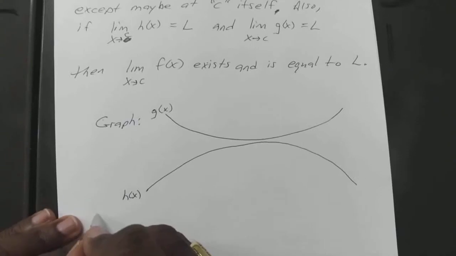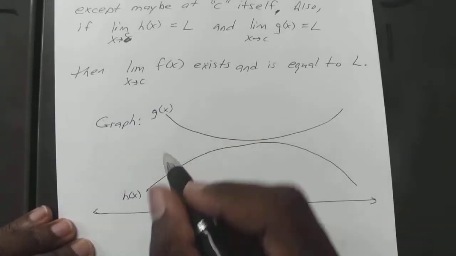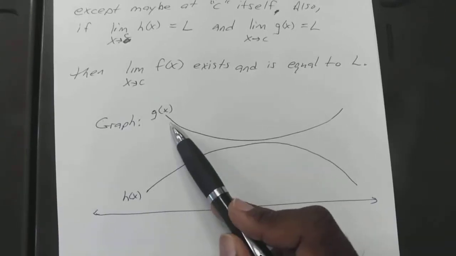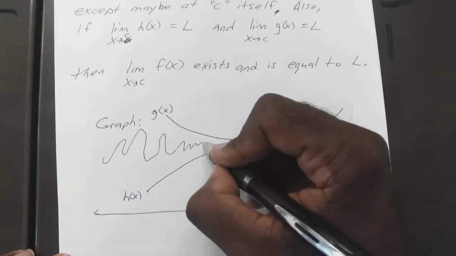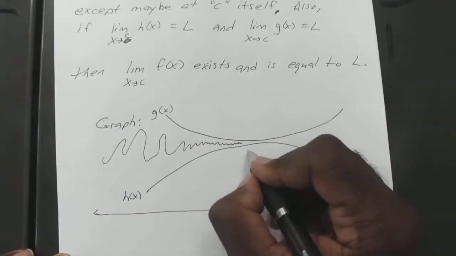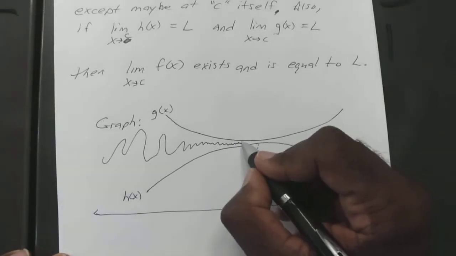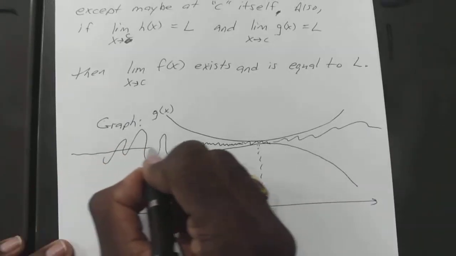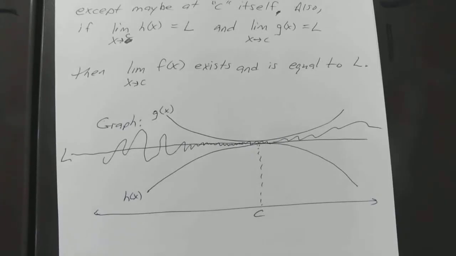Okay, so we know for every x value, f of x is going to be both above h of x and below g of x. So it can be anything it wants here, but at some point, as it's approaching some c value, it's going to have that same limit of L that the other two have.